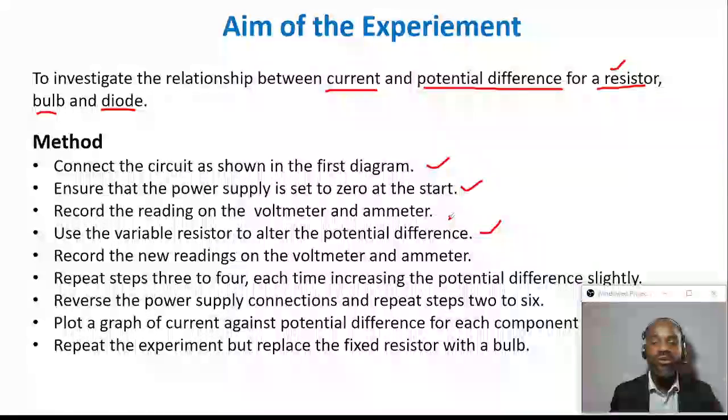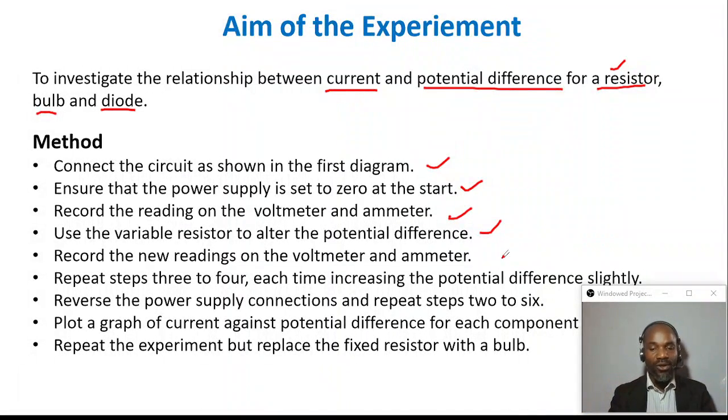We have also discussed this, and we are now at this fourth point. Then the fifth point, we record the new readings on the voltmeter and ammeter after adjusting the value of the potential difference using the variable resistor. We now take new readings on the voltmeter and also on the ammeter respectively.